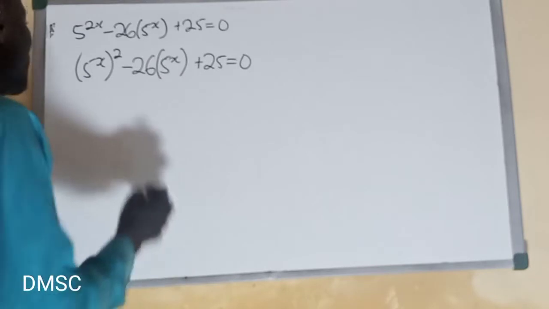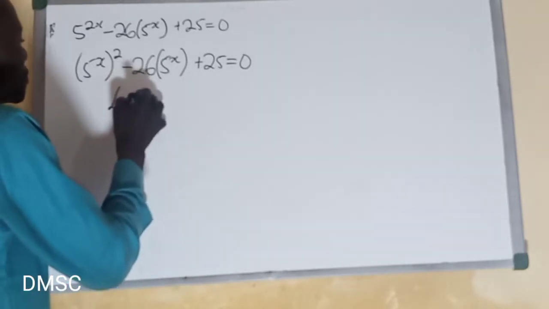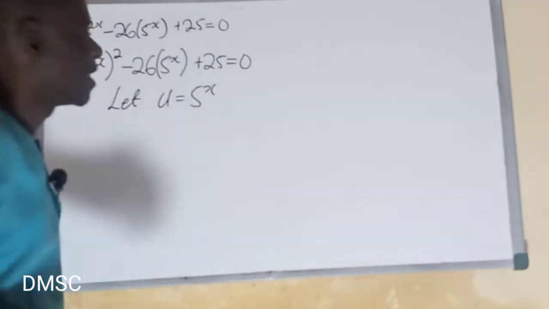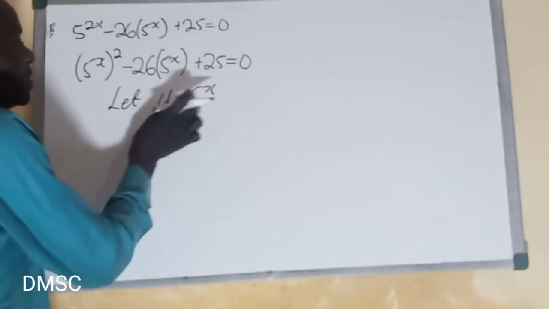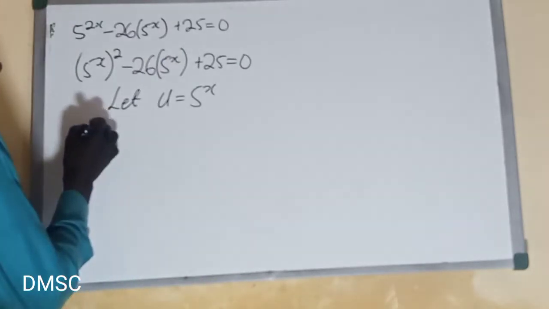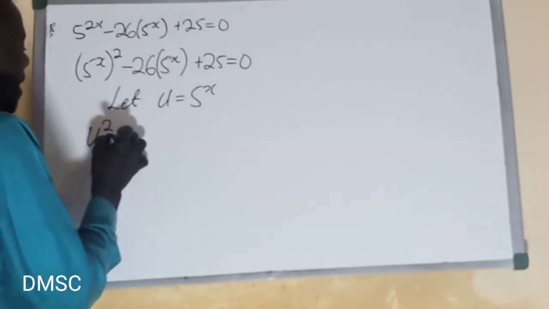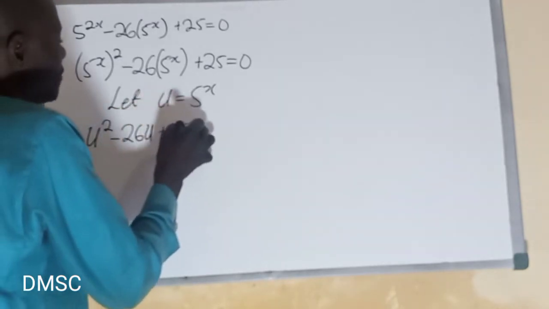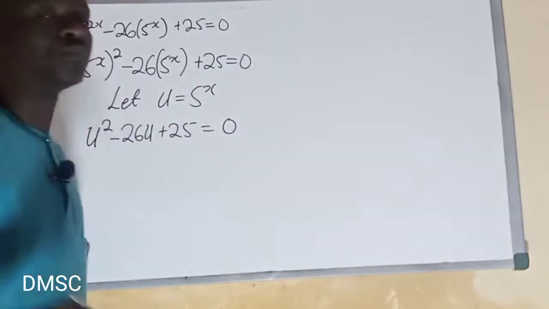So we let 5^x be equal to u. Let u equal 5 raised to the power of x. Wherever we have this 5^x, we change it to u. So we now have u² − 26u + 25 = 0.